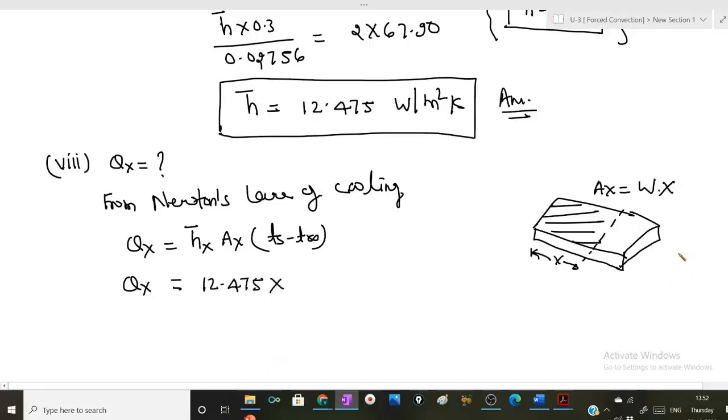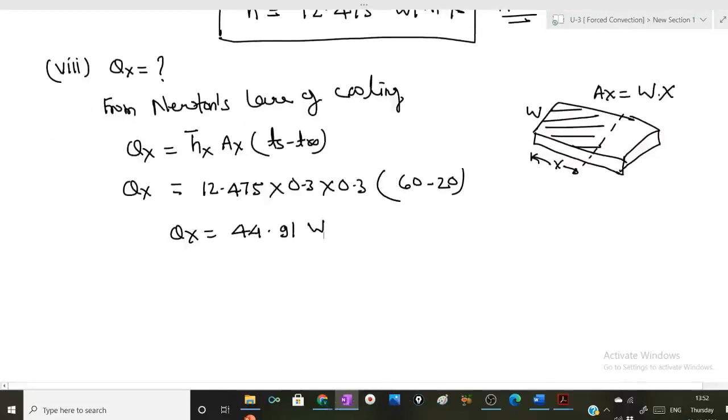What will be this local area? 0.3 is the width, x value is 0.3, Ts is 60, T infinity is 20. So this will be 44.91 watt.